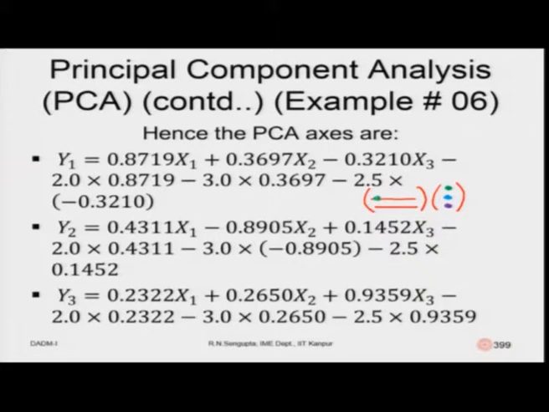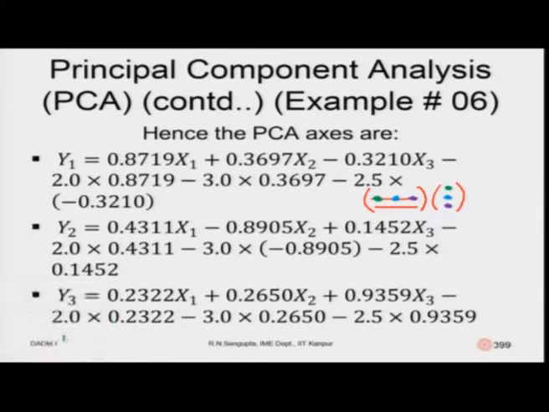The y2 would be this multiplied by x1 minus mu 1, the second value of the vector multiplied by x2 minus mu 2, and the third value of the second vector multiplied by x3 minus mu 3. So, these values would be here accordingly. I will just highlight it.